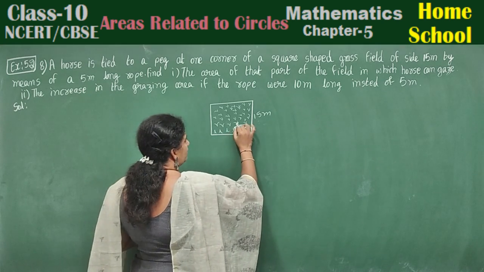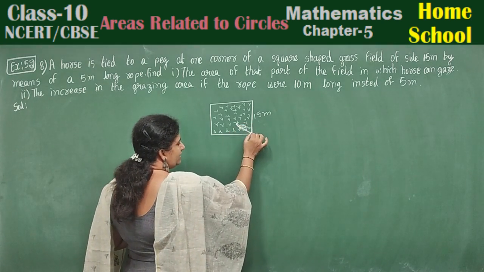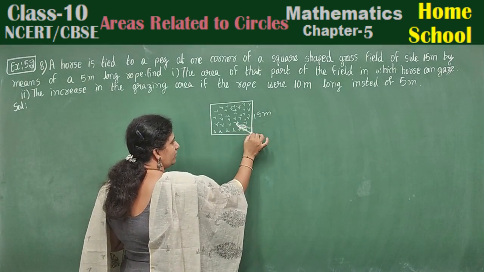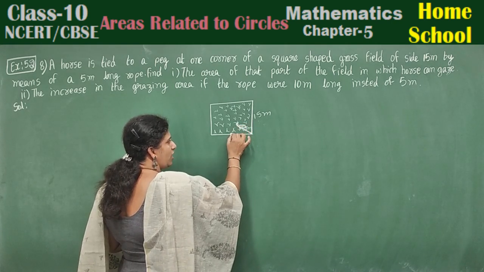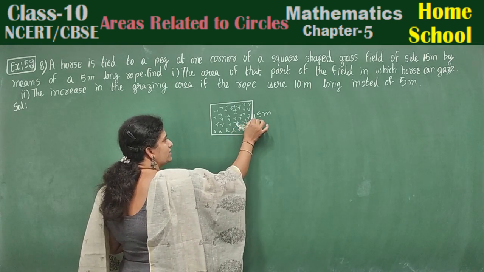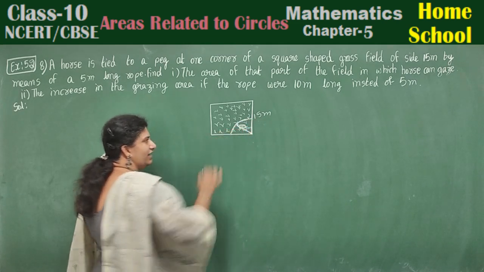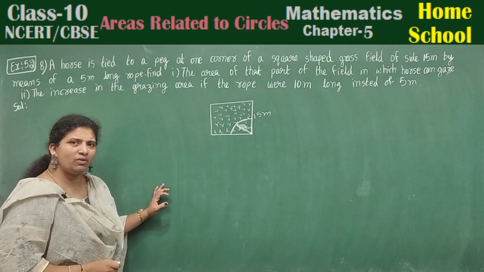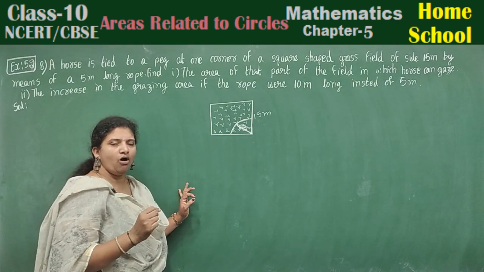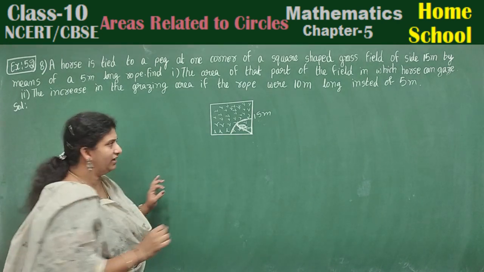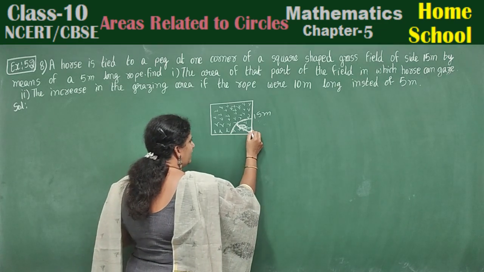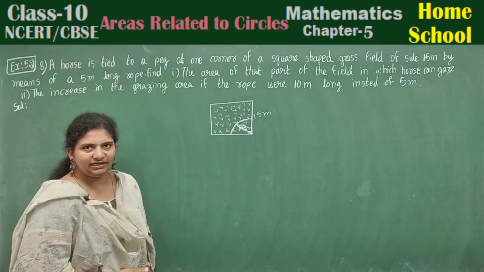So look here. See, this is a rope and it is a peg tied to the rope. The horse can move up to this corner or up to this corner. That means you can see a quadrant. Why am I saying quadrant? Square, all angles are perpendicular. If this is perpendicular, this angle will be 90 degrees.